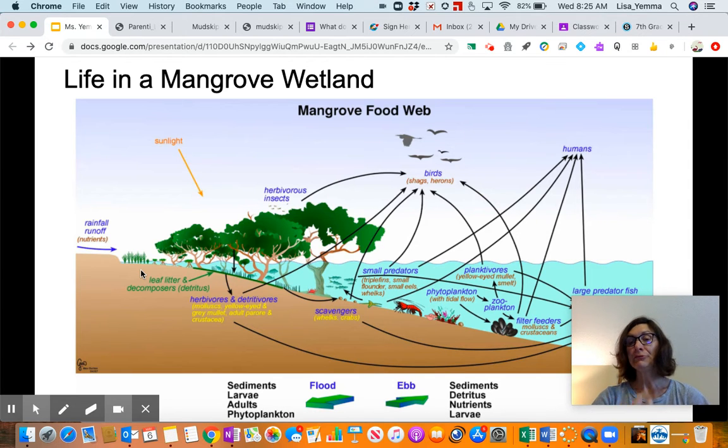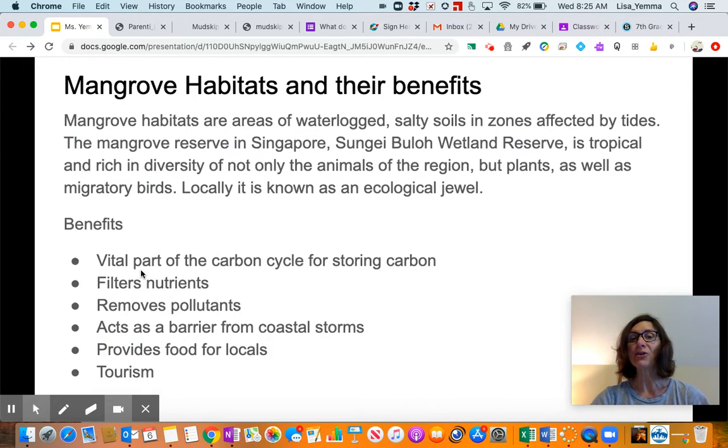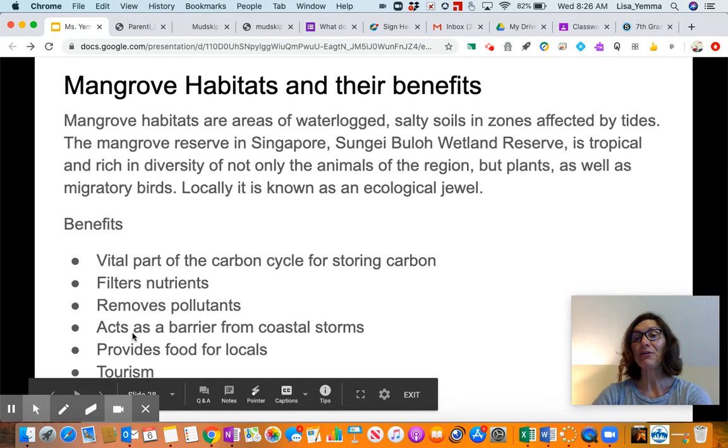And those plant roots will filter out some of the nutrients, the good things that come down and will enrich this ecosystem, but it also filters out pollutants. So if I think about what's coming down, instead of going into my open water, it gets filtered in this marshy mangrove habitat ecosystem. So that's a really vital role. Acts as a barrier from coastal storms.